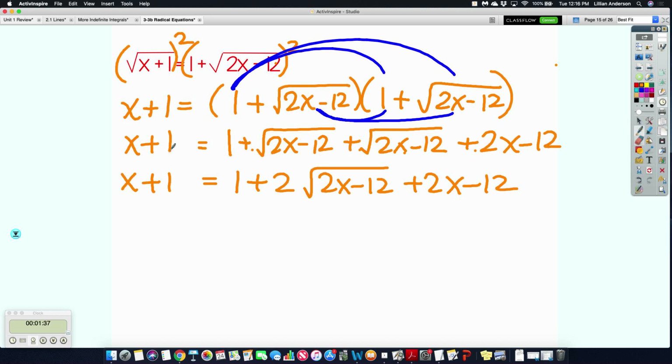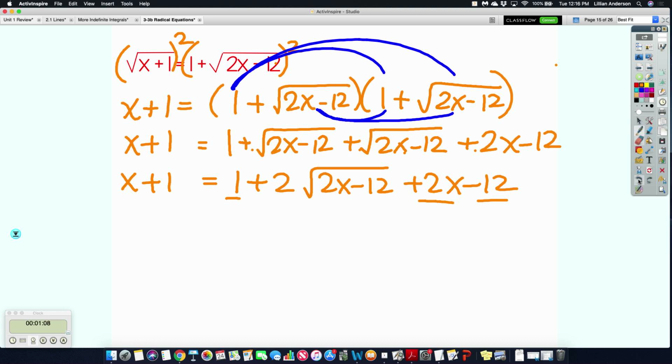Now I'm at the point where I have just 1 square root left that I need to get by itself. So this 1, this 2x, and this negative 12 need to go to the other side. Okay? So I subtract 1. When I subtract 1, the 1's go away.